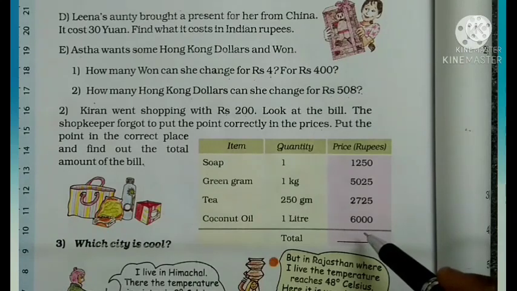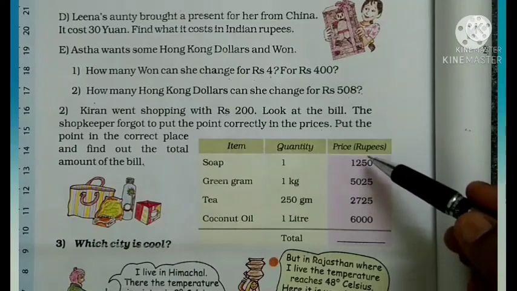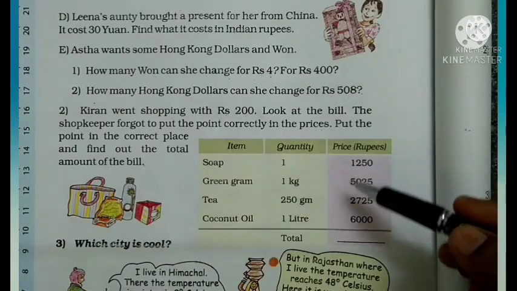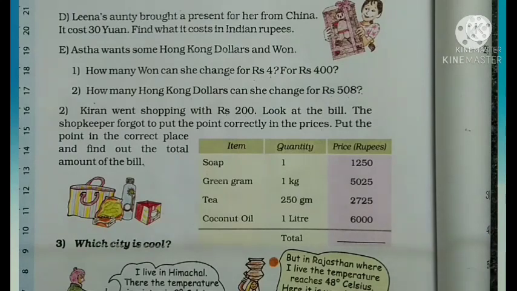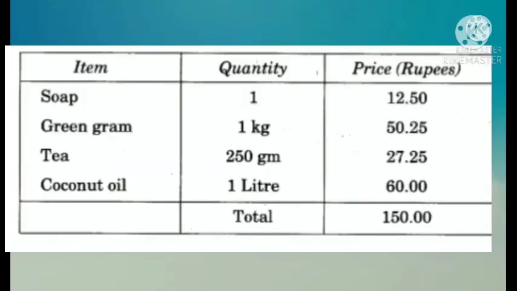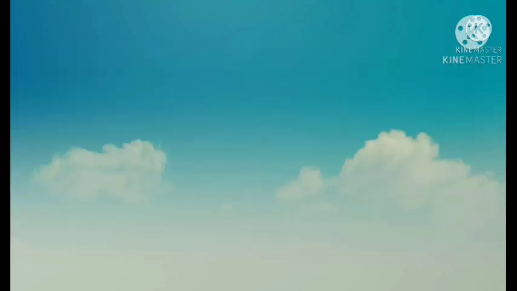There you have to get the answer by adding these prices. This is the answer of the second question. You have to write it like this.